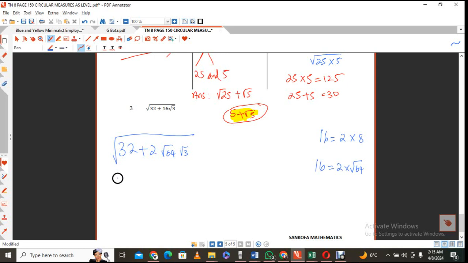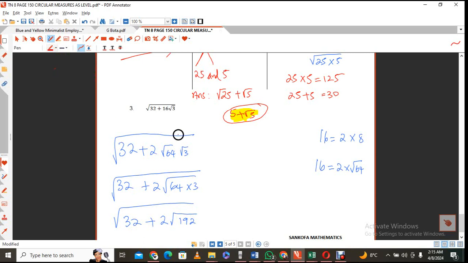Then basically you have 32 plus 2 times the square root of 64 times 3. Now, if you were to go ahead, you will have 32 plus 2 square root of 192. So what two numbers multiply to give you 192, and add to give you 32?